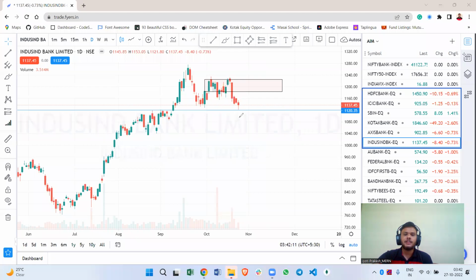But one thing can happen here: if it opens gap down and it shows any positive movement around 1120, and it continues to go up, then we're going to take trade for buying, and our target will be 1160. But for that, it needs to show strong positive movement here. If it shows positive movement between 1120 to 1135, then we're going to take trade for buying. But if it shows any negative movement here in the 5 minute or 15 minute candle, then we can take trade for selling immediately, and our target will be 1120 to 1100 round level.